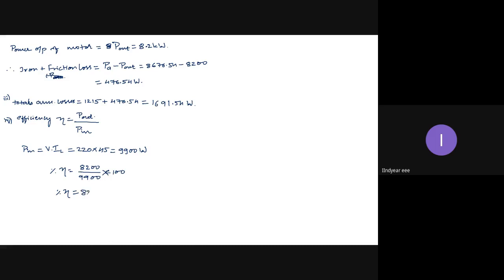So the efficiency of the motor is 82.82%.